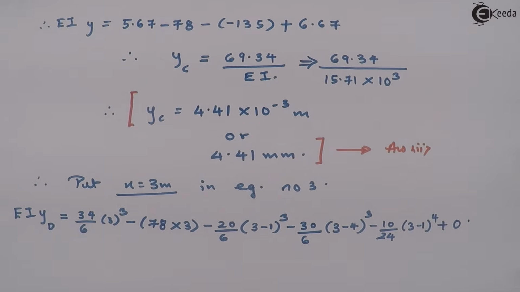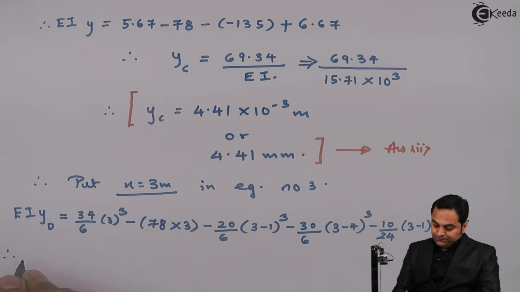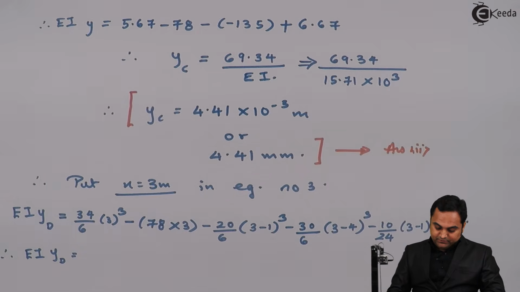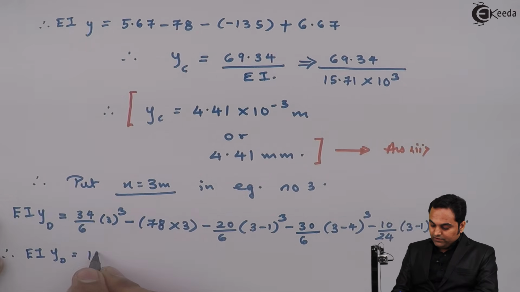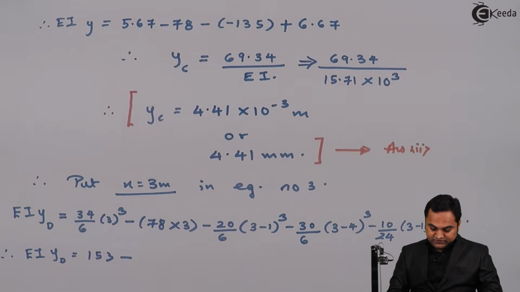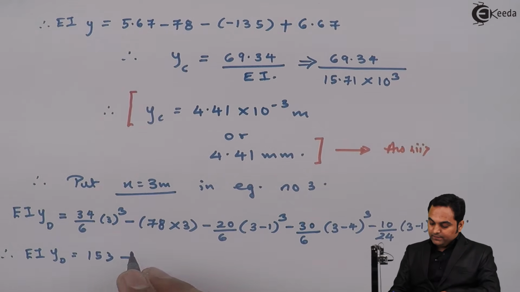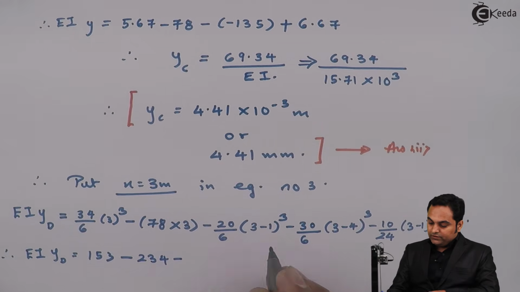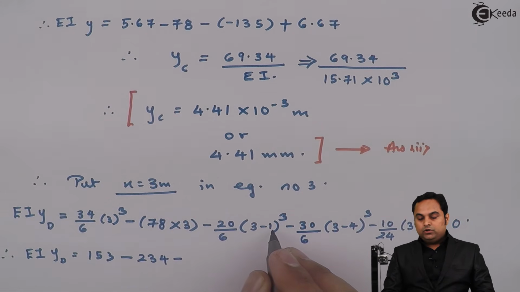So here I'll simplify this. Therefore, EI y suffix d is equal to, the first term is 153. Next we have 78 into 3, that is 234. Then we have 3 minus 1, which is 2.